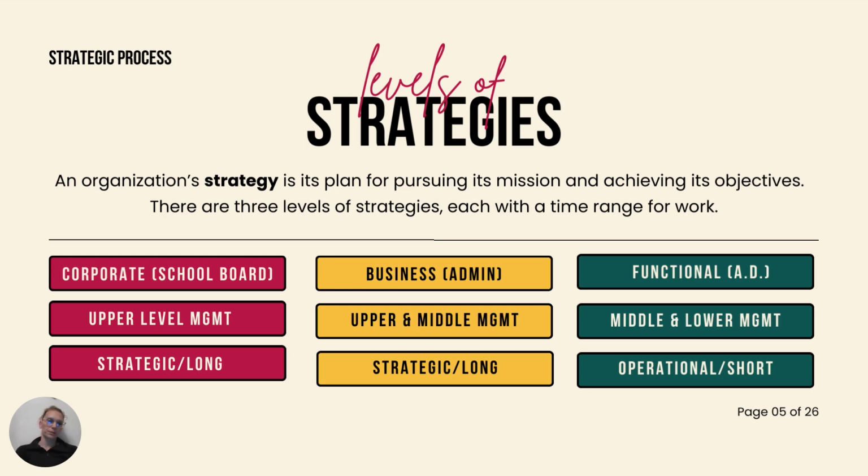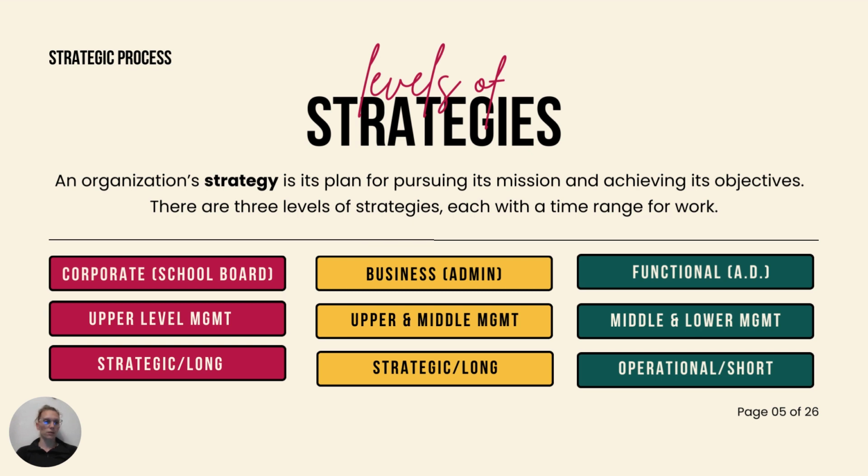In yellow, a little bit smaller, is your business strategy. So they're upper to middle management, and they still think strategic and long, probably maybe not as long as the county school board, but they are your admin, maybe in your school or in your cluster. I don't know if you use that term in other counties, but yeah.